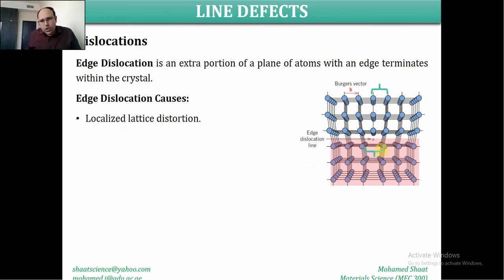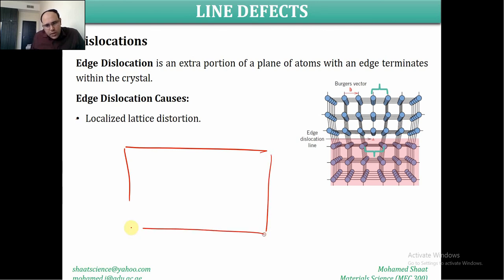Let us assume that you have a very wide lattice that has so many planes of atoms, one plane, another plane, and so on, and there is one of the planes of atoms that should be located here.